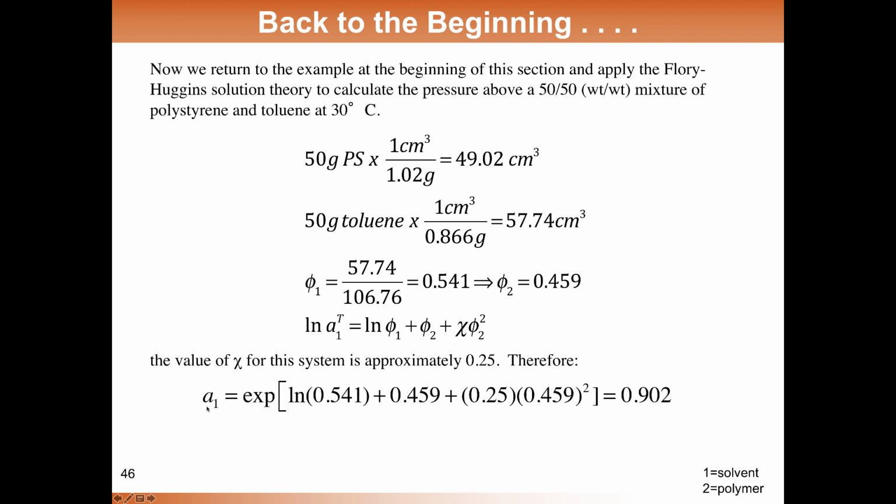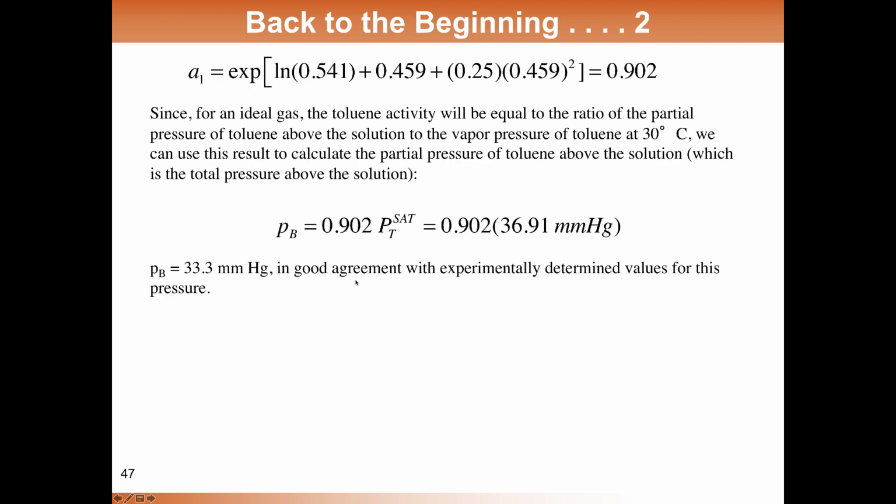The activity of toluene can then be calculated from this expression, just plugging in the numbers, and it's about 0.902. If you then calculate the total pressure as the activity of toluene times its saturation vapor pressure, you get a total pressure of 33.3 millimeters of mercury, and this is now in very good agreement with the experimentally determined pressure value for this particular experiment.